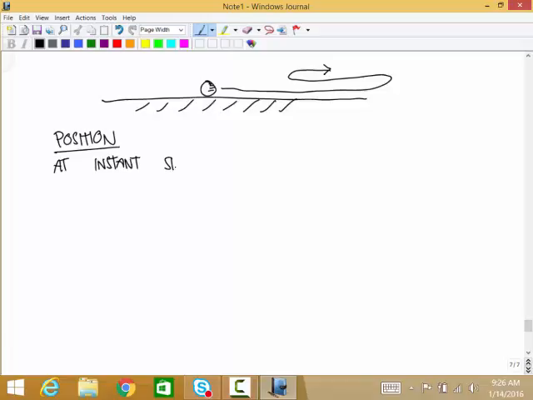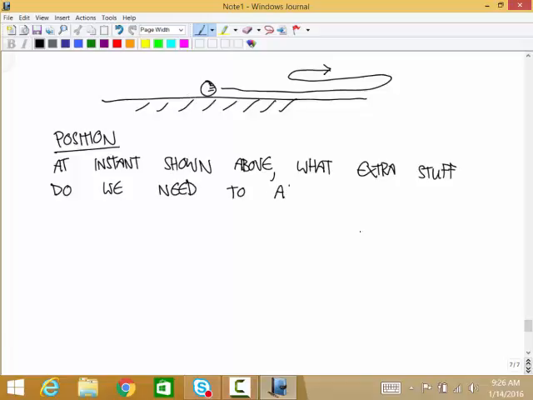At the instant, let's say the instant that's shown above, say this is a picture of this ball as it rolls along, what extra stuff do we need to assign a number to that physical location?